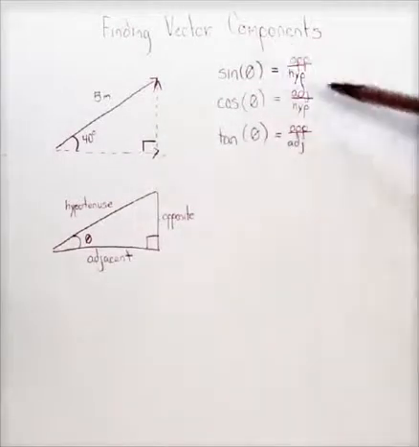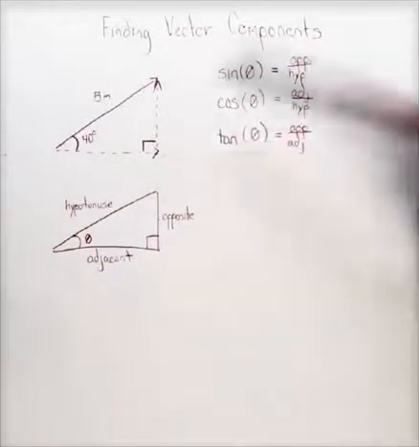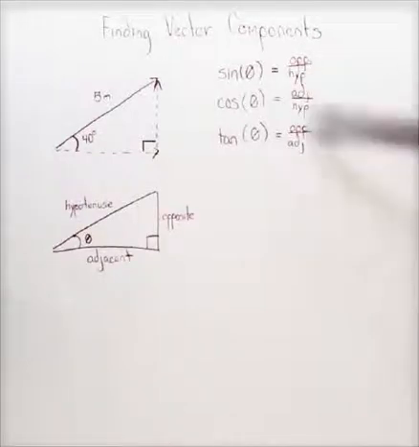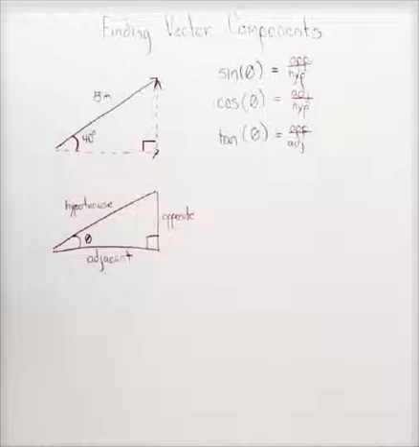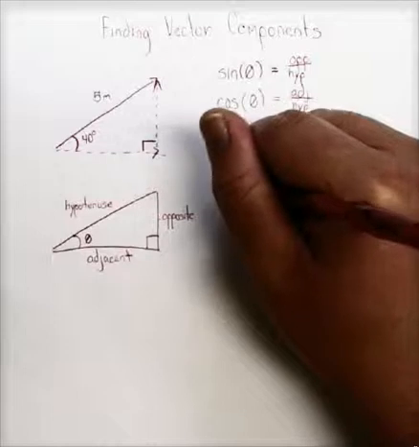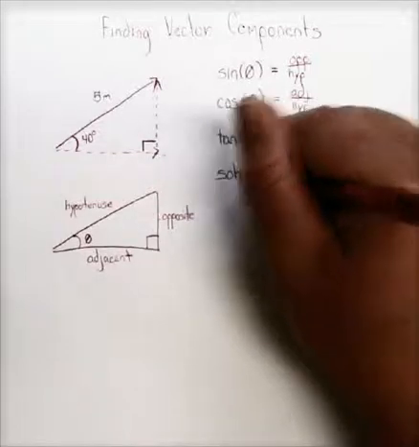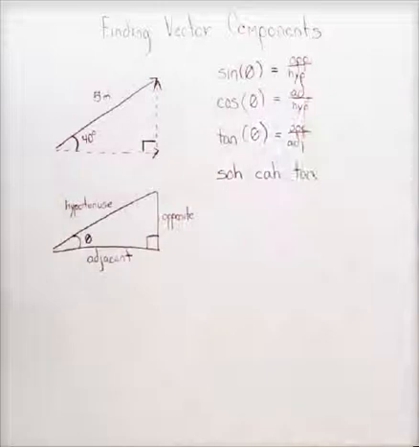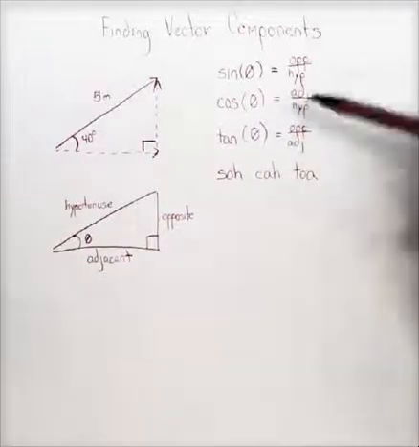Once we get using these, you'll get used to remembering what these all mean. In the meantime, there's this nice little mnemonic that can help you remember. I think of it as being a Native American name, however you want to do it. But the phrase SOHCAHTOA will take you very, very far in remembering this.